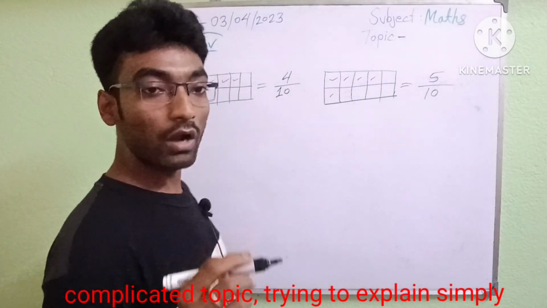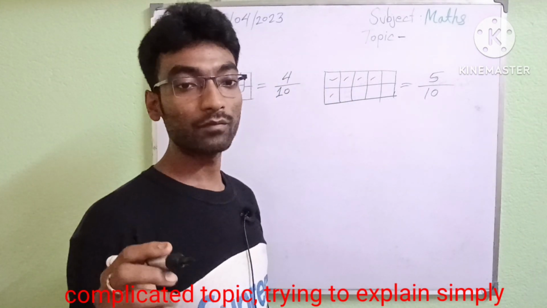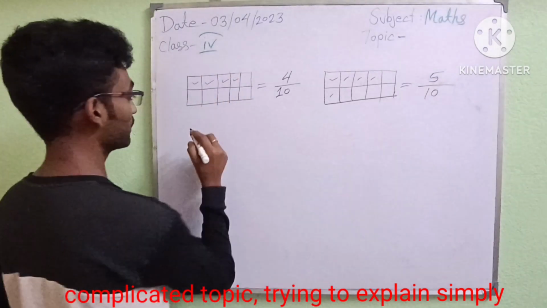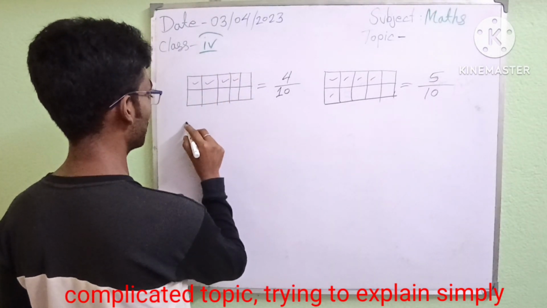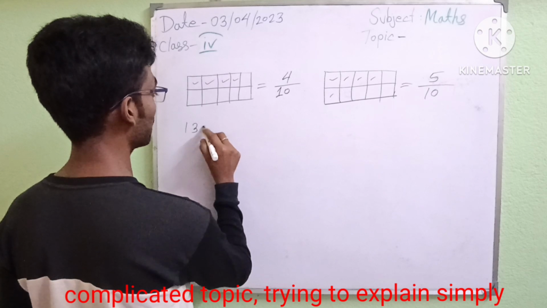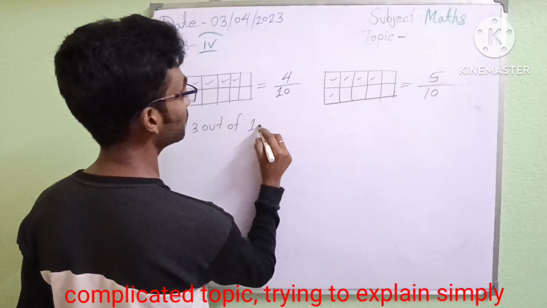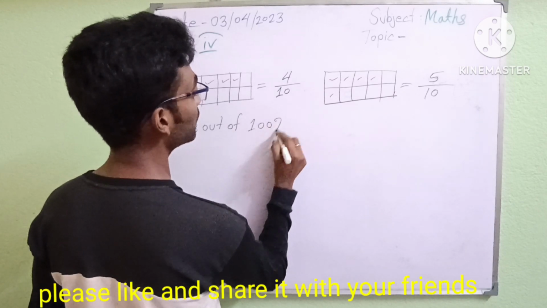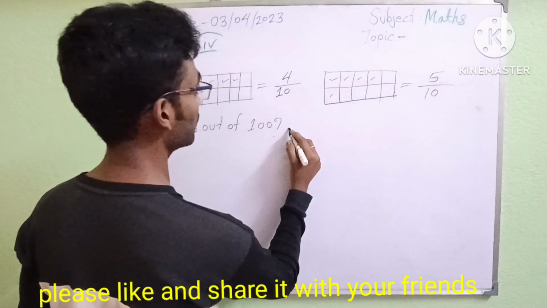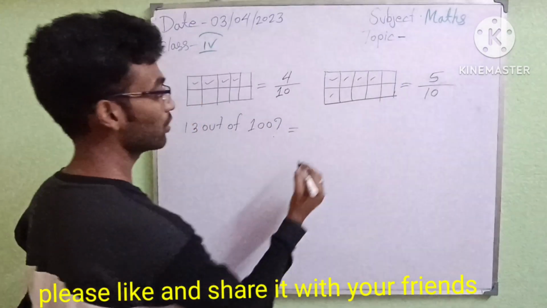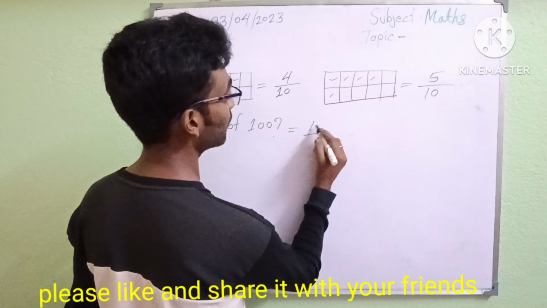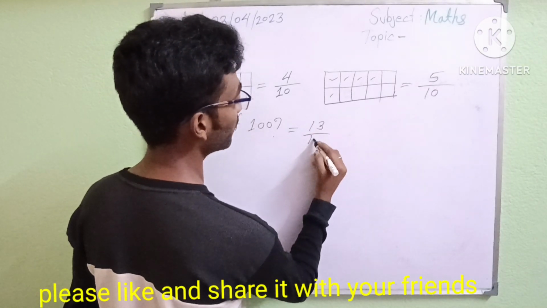Now, if we want to express 13 out of 100, then how will we write it as a fraction? We will write it as 13 by 100.